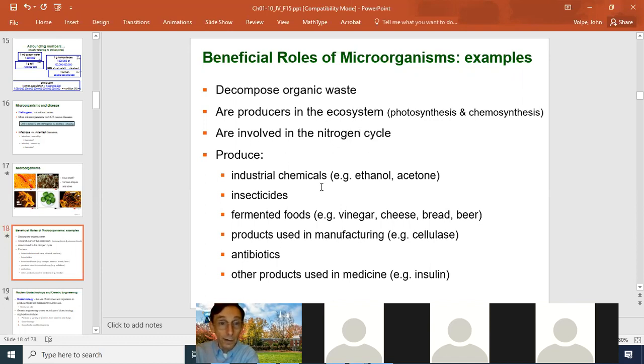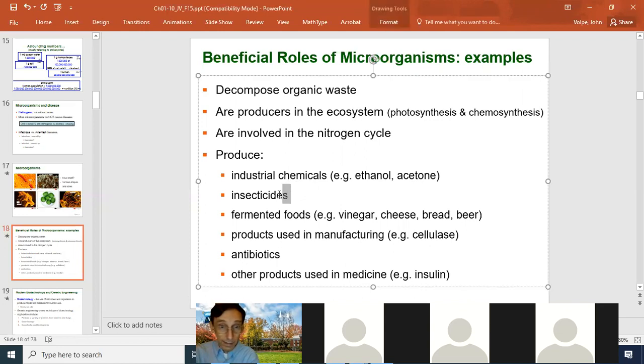Microorganisms are also used to produce things like industrial chemicals, ethanol that you can put in your car and run with it. They add it to the gasoline. The production of acetone, microbes can make that. We use microorganisms to make some insecticides, and these tend to be less harmful for the environment than man-made insecticides.